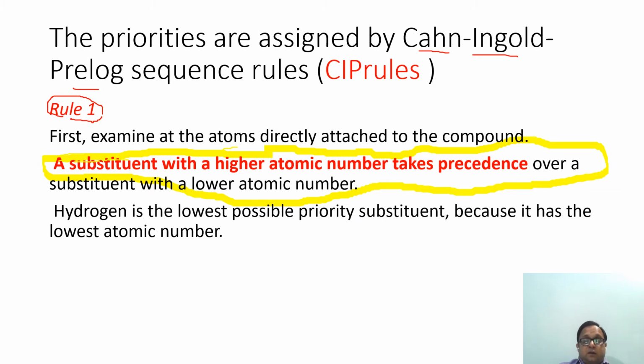This is the key point to keep in mind: we have to count the atomic number. If it is high, we take it in priority; if it is low, we do not. Hydrogen, with atomic number 1, is considered the lowest priority substituent.